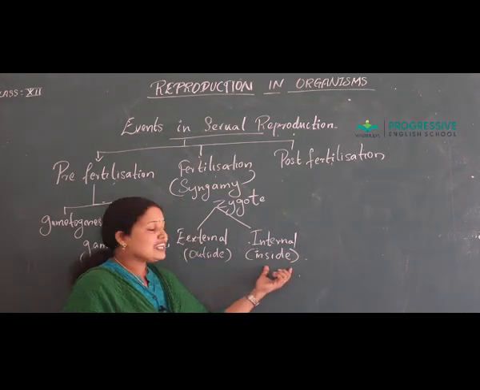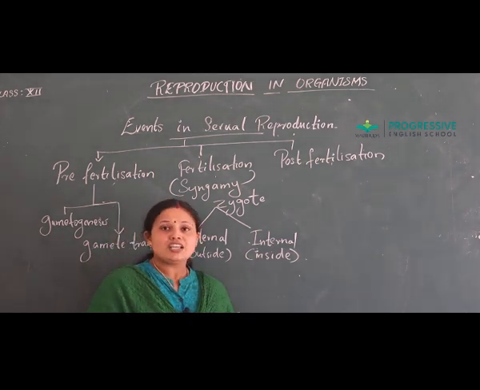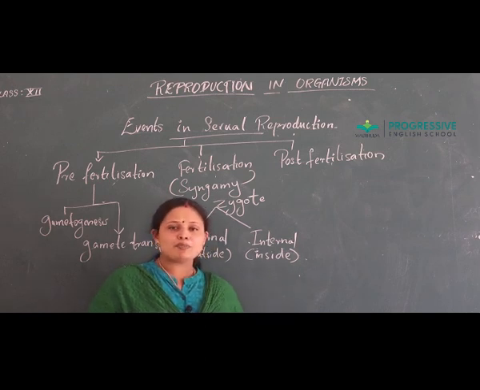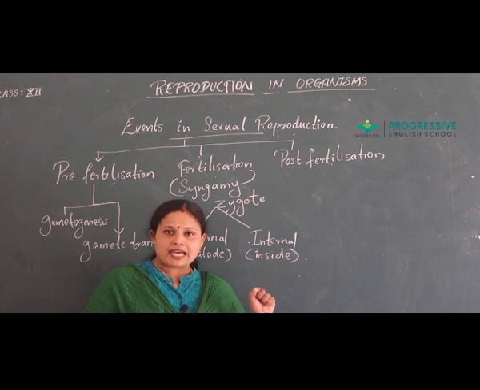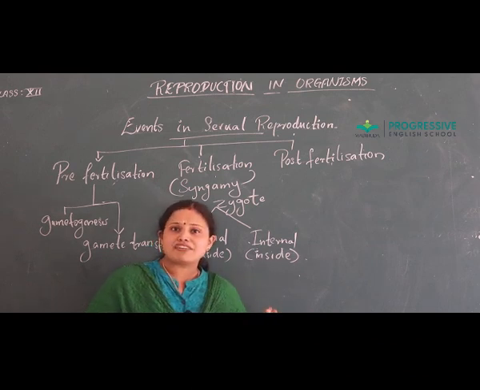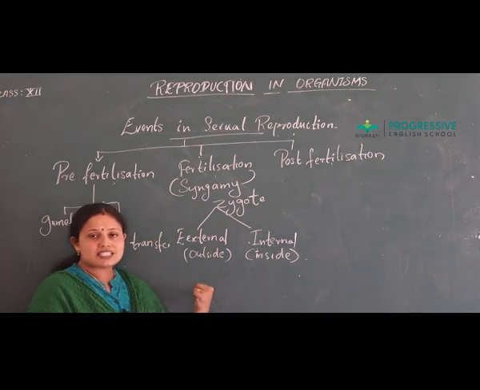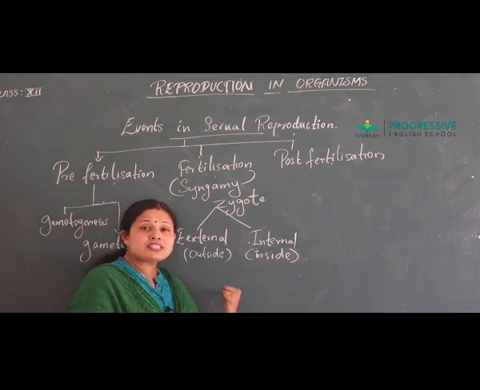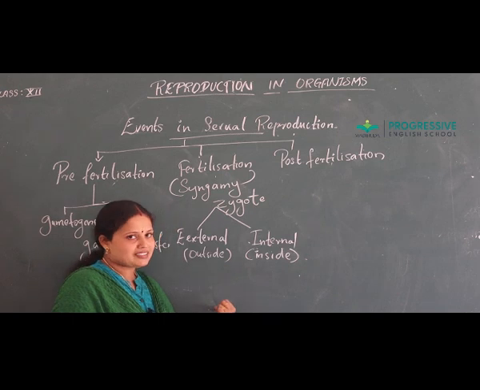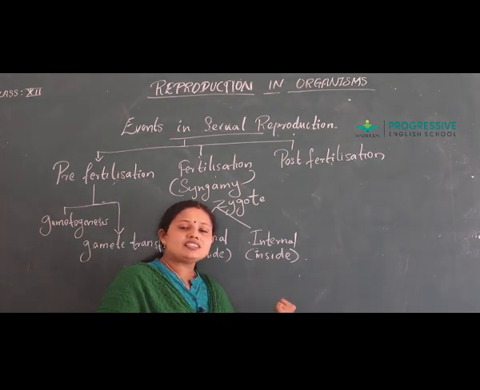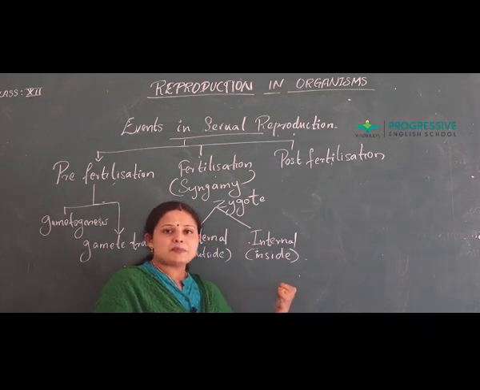In internal fertilization, the fusion takes place inside the body of the female parent, so they are safe. In external fertilization, the offspring are vulnerable to predators, but in internal fertilization, they get all the care and protection from the mother.